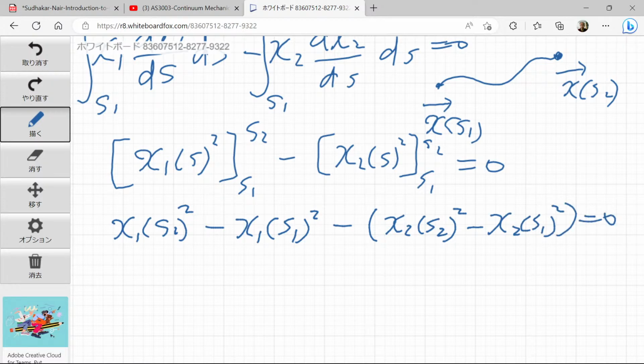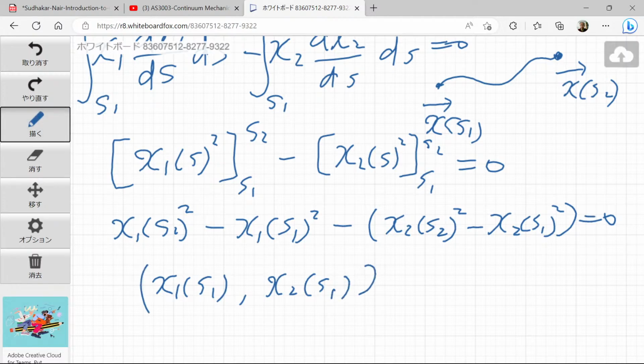But then we assume the first point, x1(s1) and x2(s1), let this be a position at t equals 0.